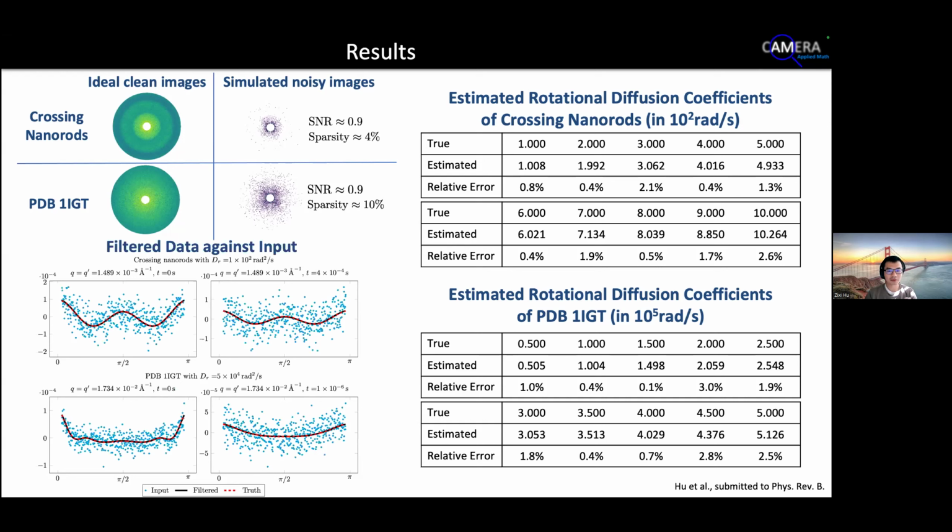Other than estimating the rotation diffusion coefficient, MTech3D is also capable of filtering the input data. Here I show some examples in the figure at the bottom left. The dots are the noisy input data. The filtered data output by MTech's algorithm is the black solid line, and the ground truth is represented by the red dashed line.